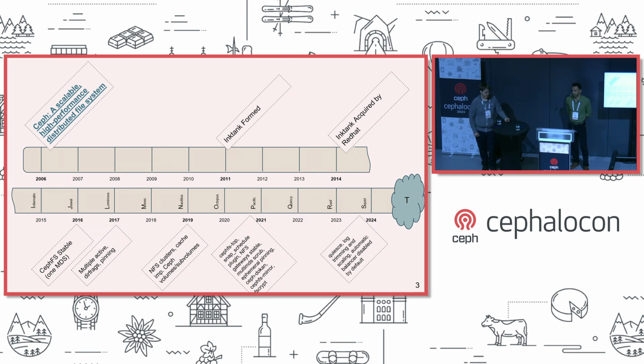Then in the Pacific release, we had a very large number of things that we put out. As you can see in the slide, cephfs-top, the snap scheduling plugin, and NFS gateways were considered stable. We introduced multi-MDS scrubbing.